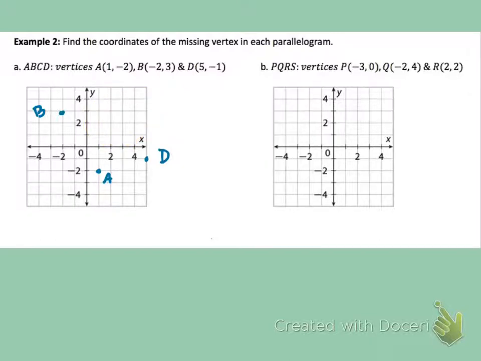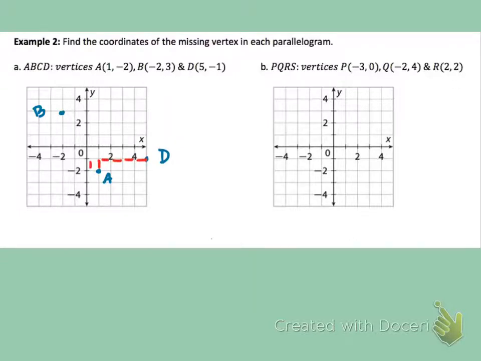So probably what I think is the easiest way to figure out where this other coordinate is, is to figure out what the slope is between 2 of the points. So for instance, let's say I looked between A and D. In order to go from A to D, I have to go up 1, and then 1, 2, 3, 4 to the right.